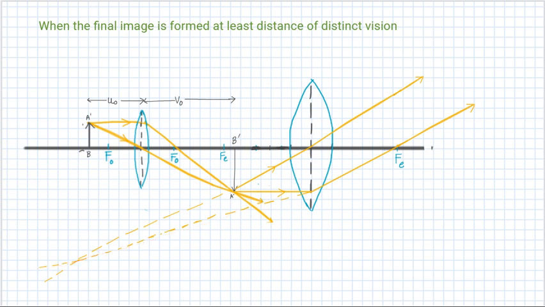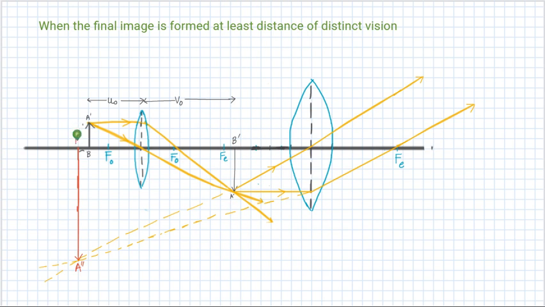Now, what will happen is that this eyepiece will form a virtual image. A virtual image will be formed at this point, and this virtual image is also inverted. Let us denote this virtual image as A double dash and B double dash.